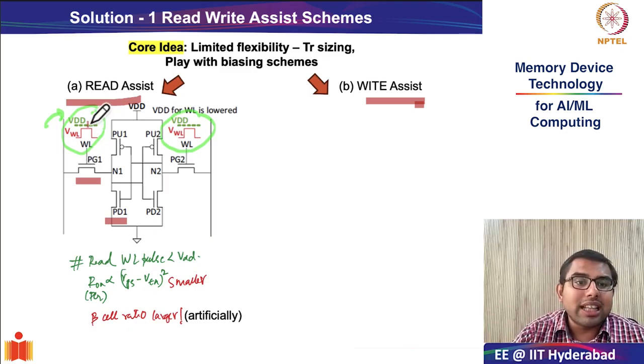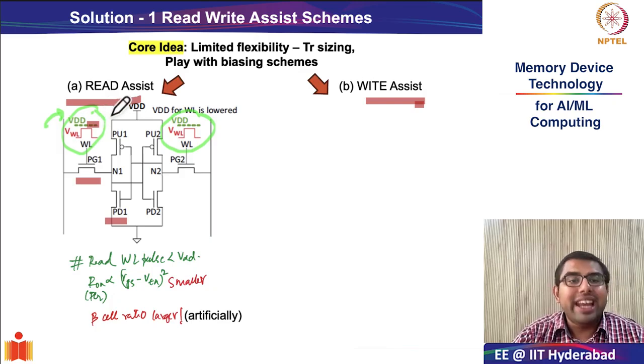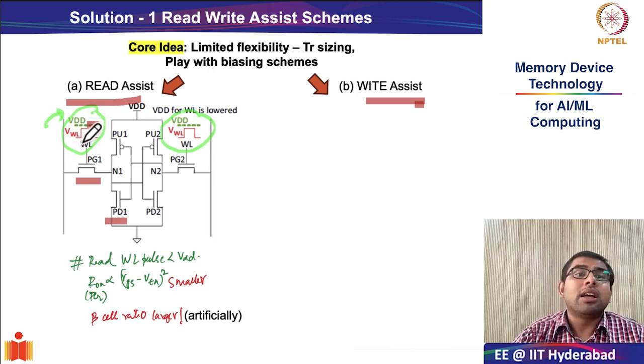As you can see in the schematic, pointed out in green, the VDD is put in dashed lines, whereas during read assist the word line is indeed asserted. You turn on the pass gate transistor, but the voltage that you apply during the pulse is slightly smaller than VDD.